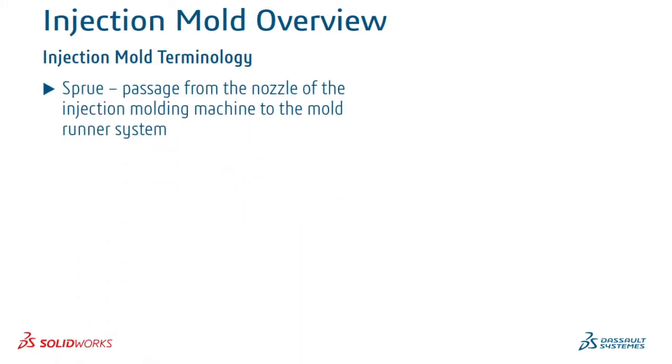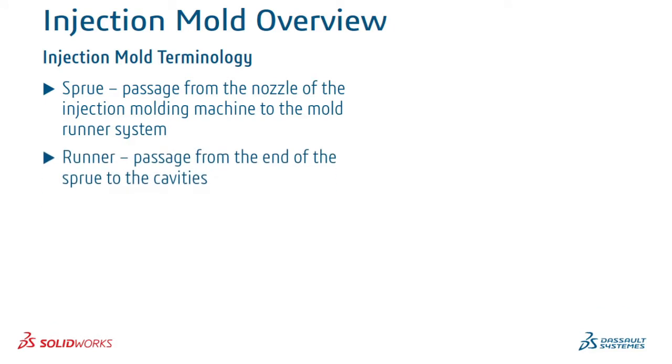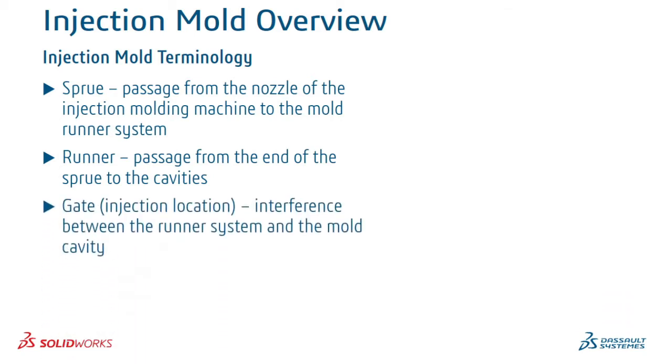The injection mold terminology. I would just like to revise this very basic topic which we learned during our engineering. Sprue is the passage from the nozzle of the injection molding machine to the mold runner system. Correct? So this is the terminology of sprue. Then runner, it is the passage from the end of the sprue to the cavity, where it connects and enters into the cavity.